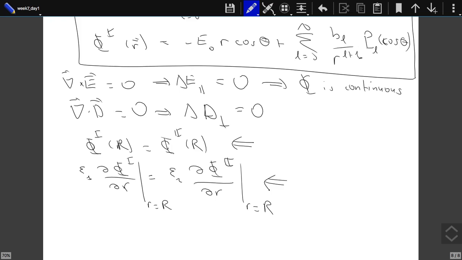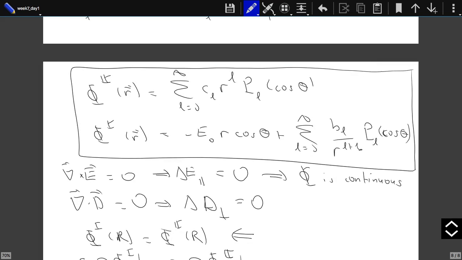We don't know what the C's are, we don't know what the B's are. To solve for them, we need two sets of equalities, and these are the two sets. Basically, it will turn out that BL and CL are all 0 if L is different than 1.